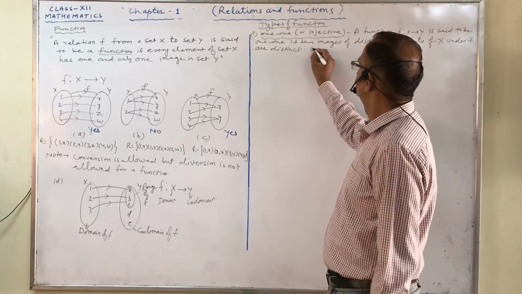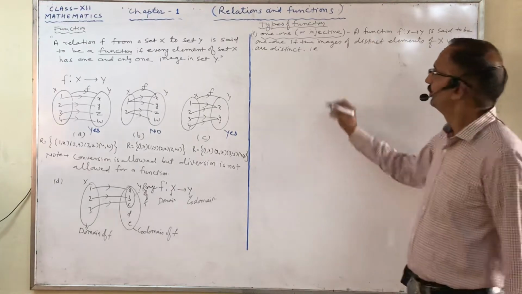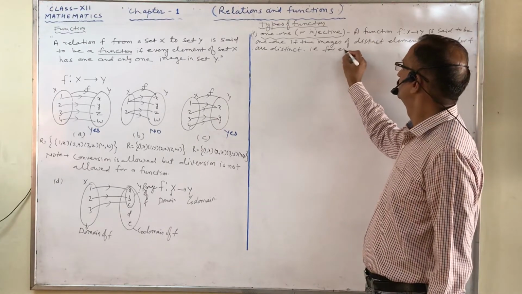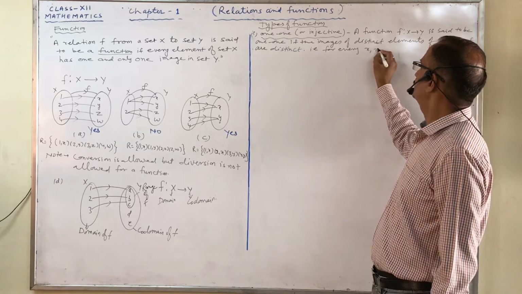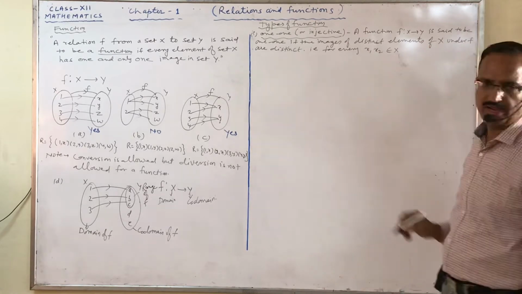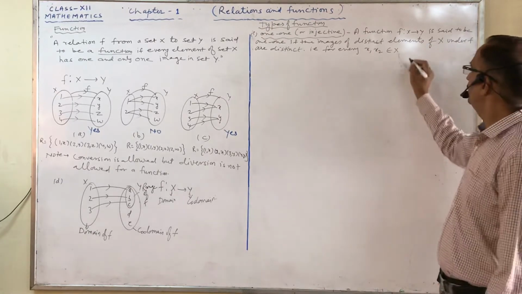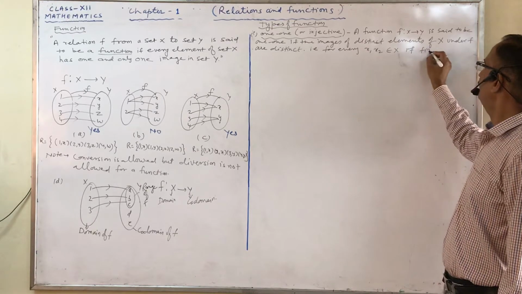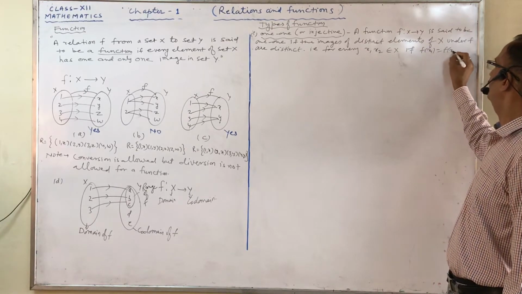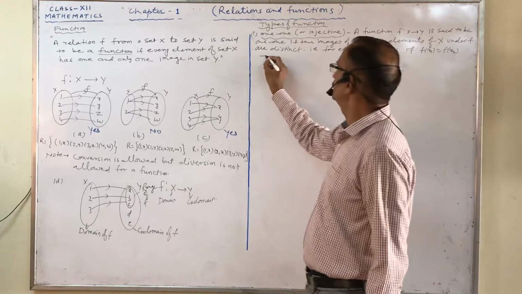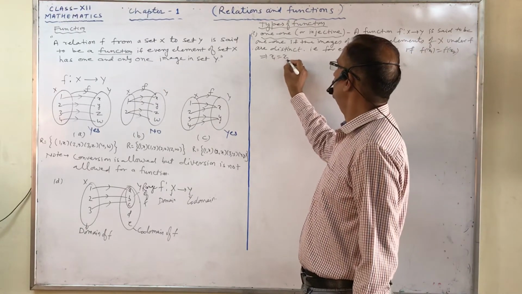That is, for every x1, x2 belonging to X, if f of x1 is equal to f of x2, this implies that x1 is equal to x2.